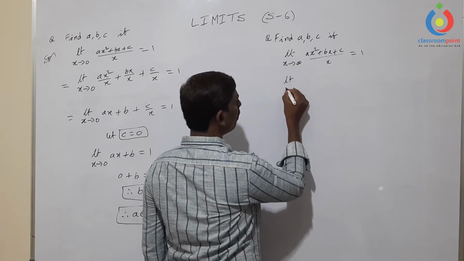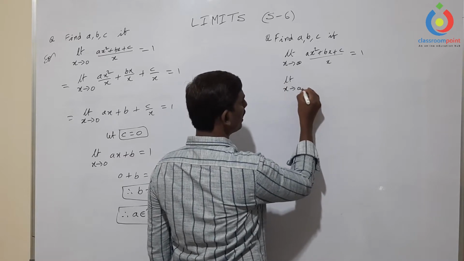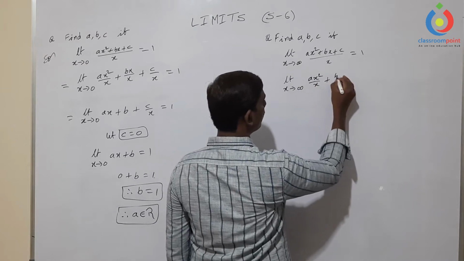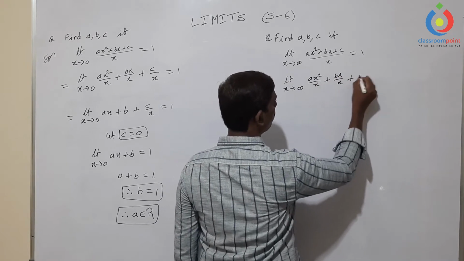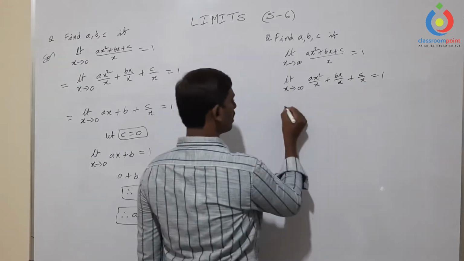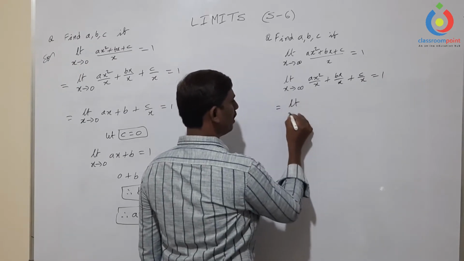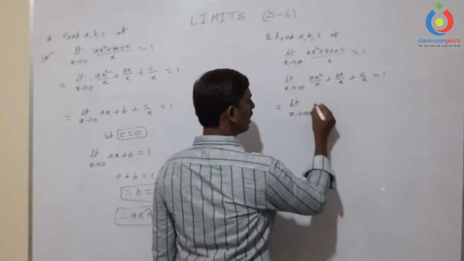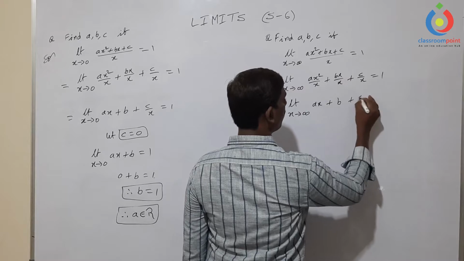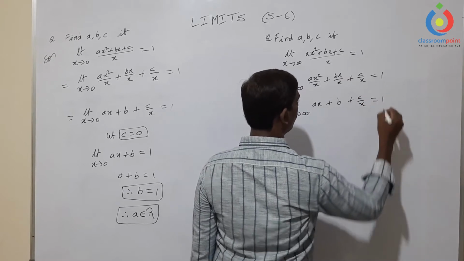Split the denominator: limit x tends to infinity, ax square by x plus bx by x plus c by x is equal to 1. Then what is the remaining value? Limit x tends to infinity, ax plus b plus c by x is equal to 1.